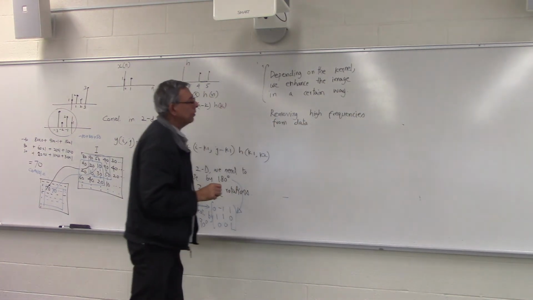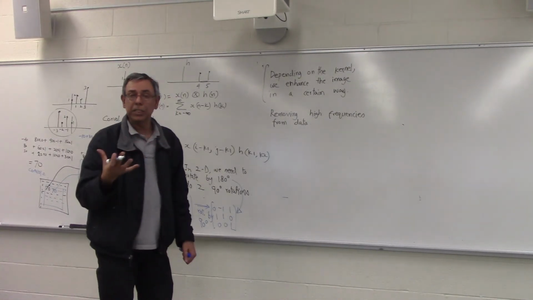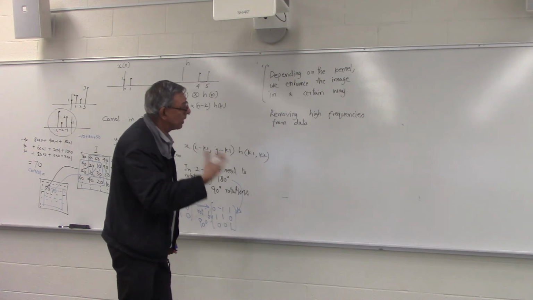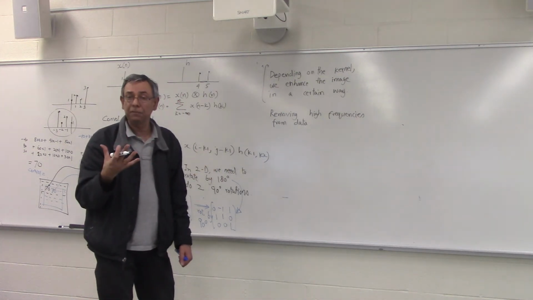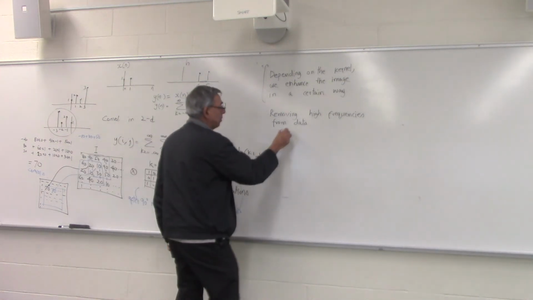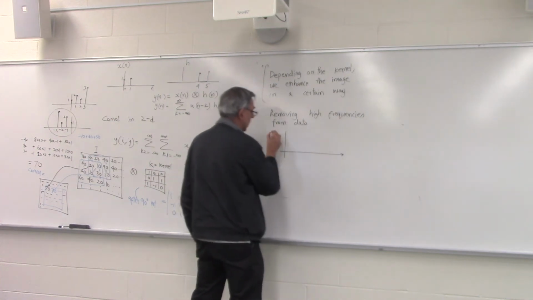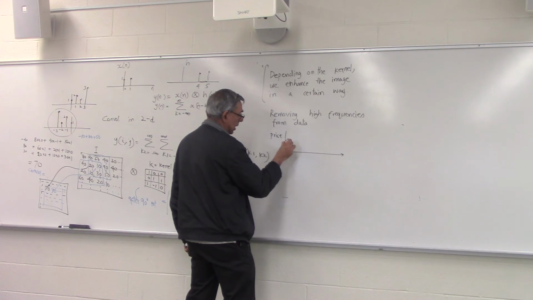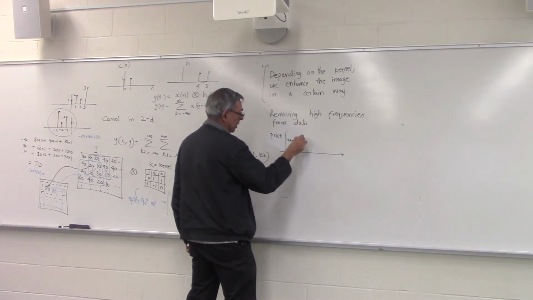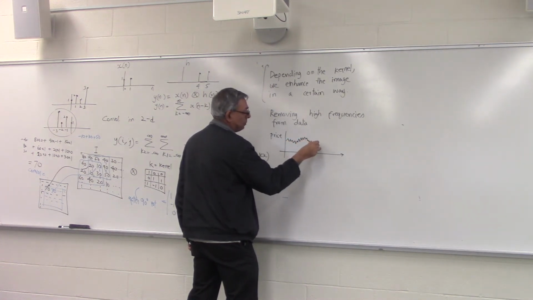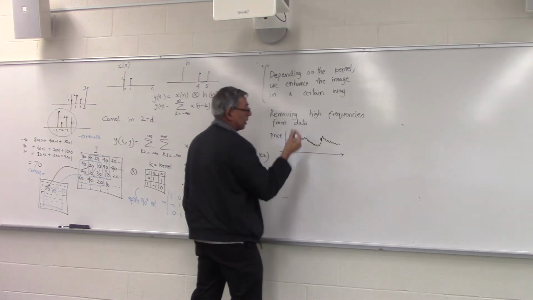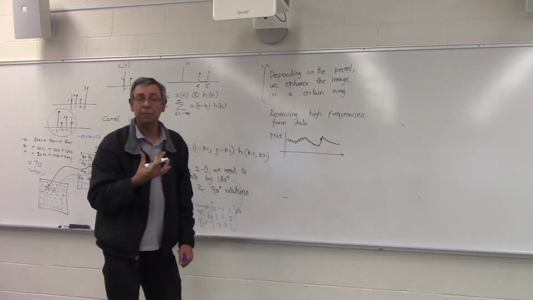Okay, so the data could be like a speech signal, or the data could be even financial data, like a price of a stock, right? So for example, if you take a look at, let's say, the price of IBM stock, what you will see is every day it moves up and down. Sometimes it will move up or down for a week. So this is how it may behave over a period of time, right?